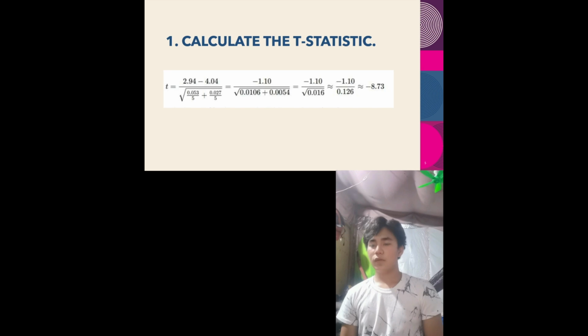So that would equal negative 1.10 over the square root of 0.0106 plus 0.0054, and that would equal negative 1.10 over the square root of 0.016. So further simplification, that would equal negative 1.10 over 0.126. So dividing negative 1.10 by 0.126 would equal negative 8.73.